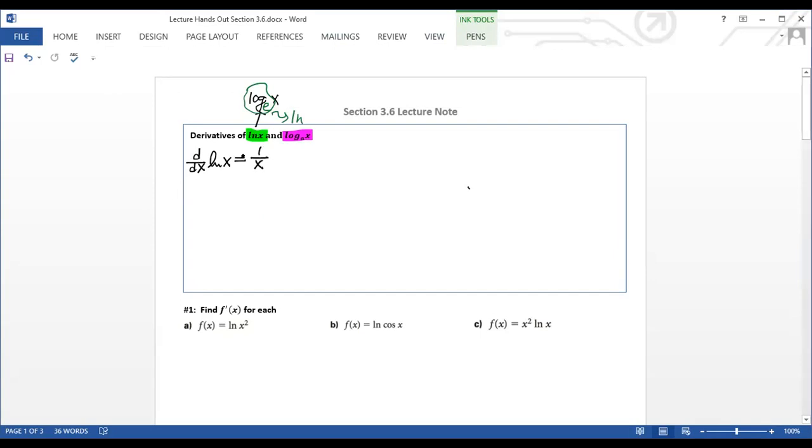And just like we did for the exponentials, if you have a base that is not equal to e, for example a base a, then the derivative is still 1 over x, and you just need to adjust by a constant. So it's 1 over x times the natural log of a.